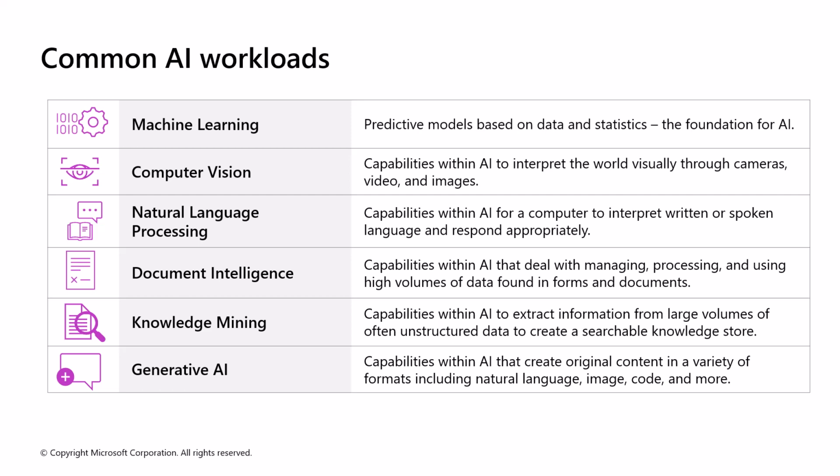The next one we're going to talk about is computer vision, the capability that we have with computer vision. Computer vision is an area of AI that deals with visual processes, right? So anything that has to do with visual, that's what computer vision does. For example, there's an app called Seeing AI.